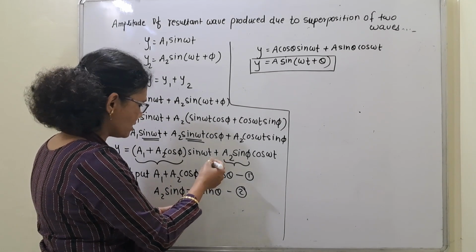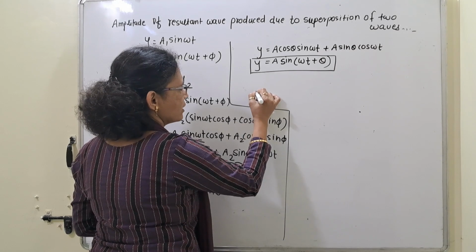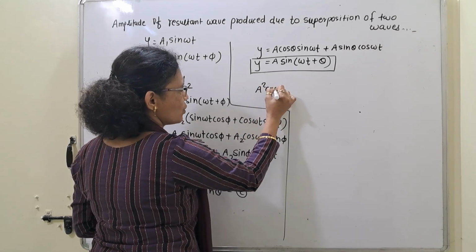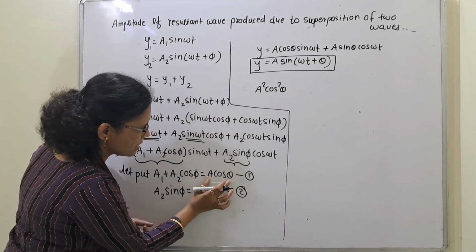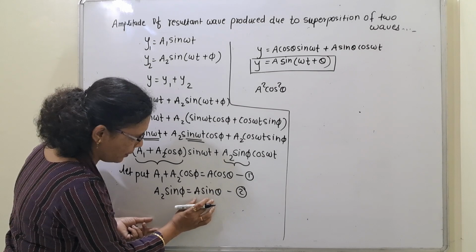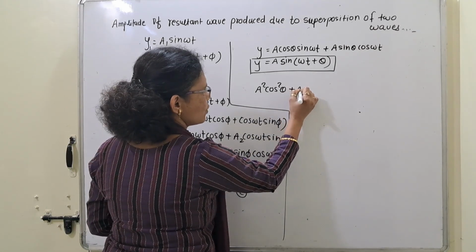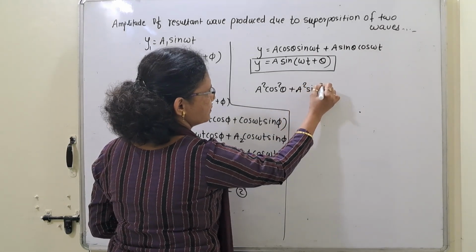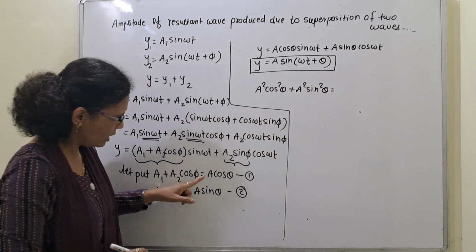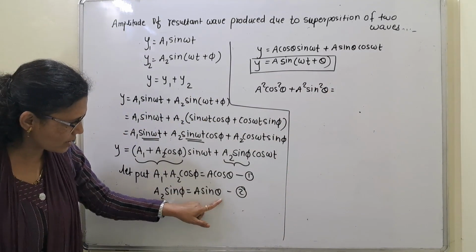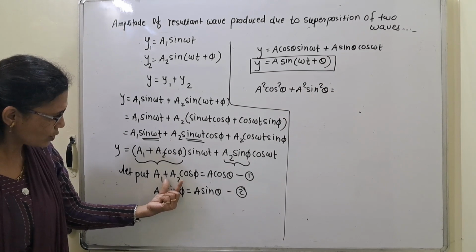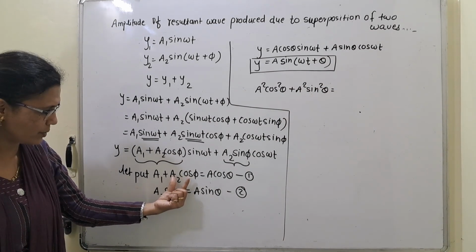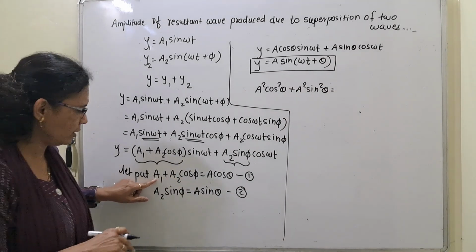If I square these terms, then A square cos square theta plus A square sin square theta, right, equal to A square cos square theta plus A square sin square theta is equal to the square of this term, a plus b whole square. What will be the square?